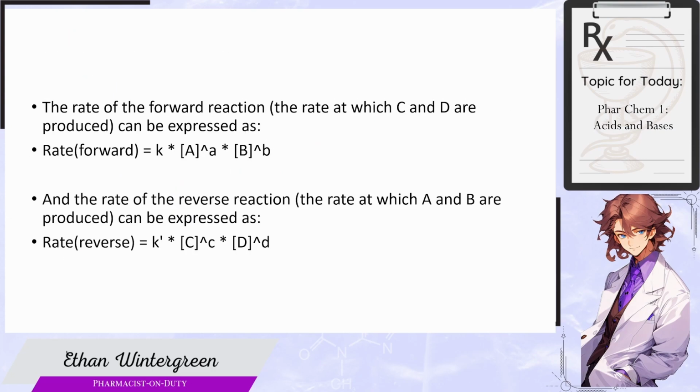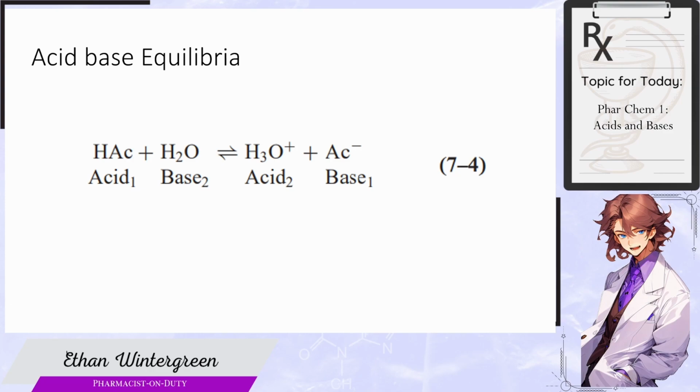So to continue, acid-base equilibria can occur in solutions. So if you place an acid in water, it would have this equation on the screen. This is acetic acid, HAc.